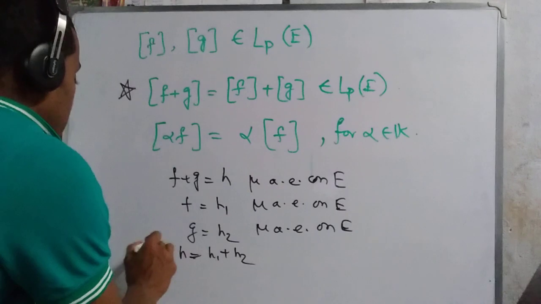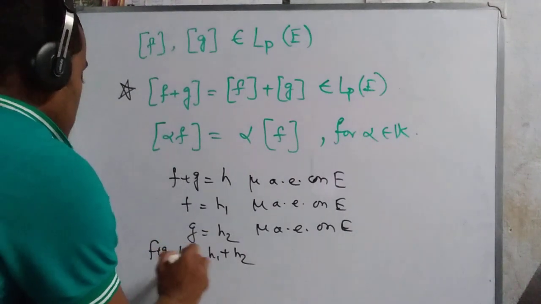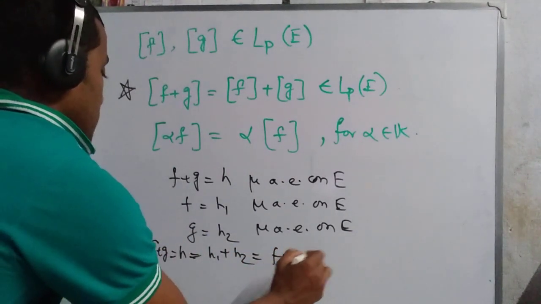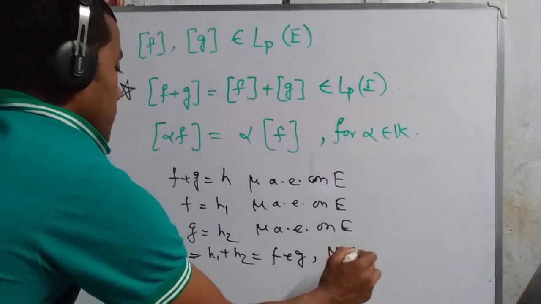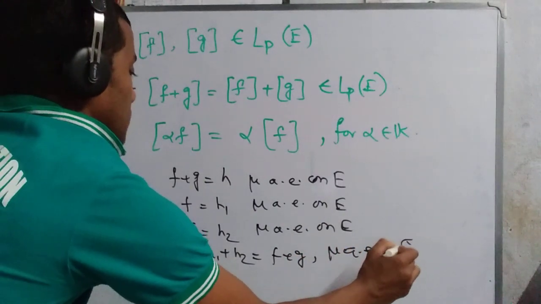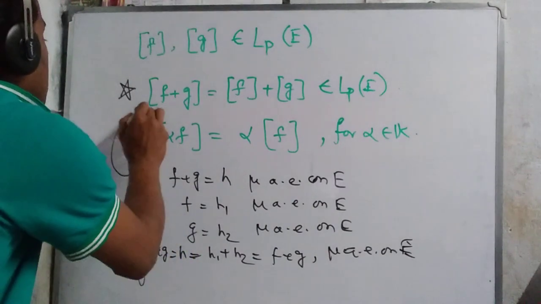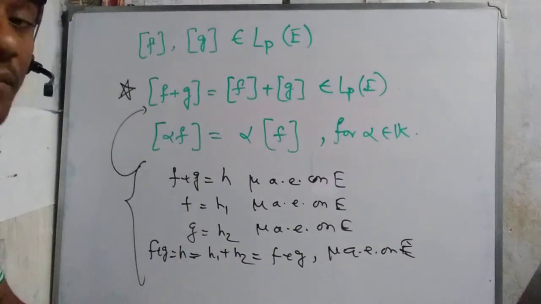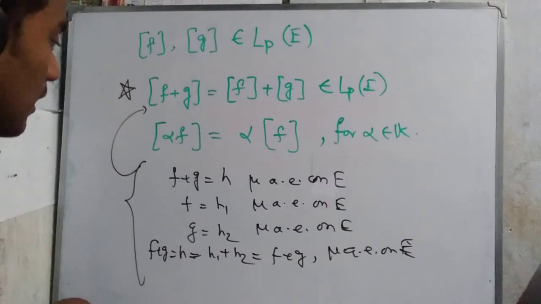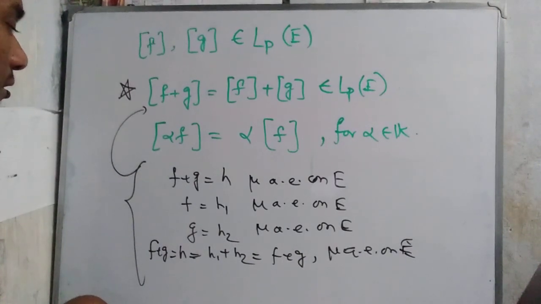Okay, here f plus g equal to h1 plus h2 mu almost everywhere on E. Then this part implies this one. Any problem? I think not a problem at all. Okay.